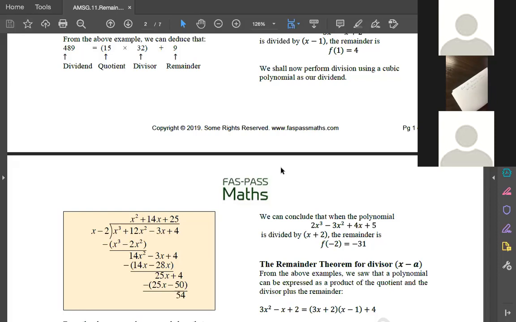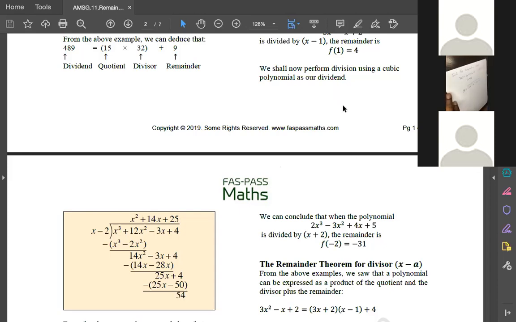But it looks very tedious. So now, for revision's sake, I have 2x cubed minus 3x squared plus 4x plus 5, and it is being divided by x plus 2. I always pick the x first.